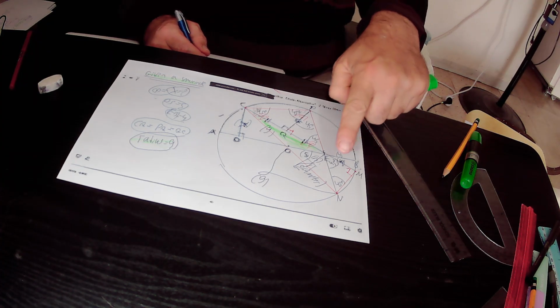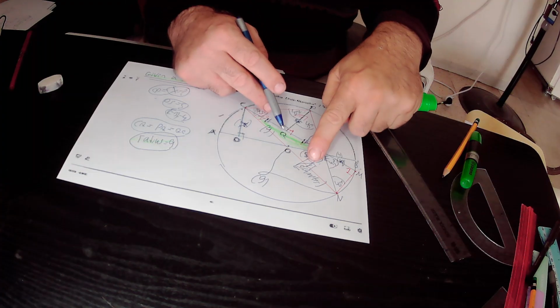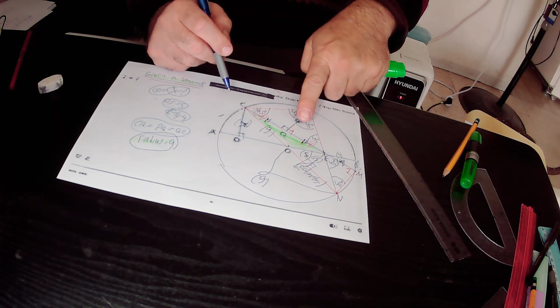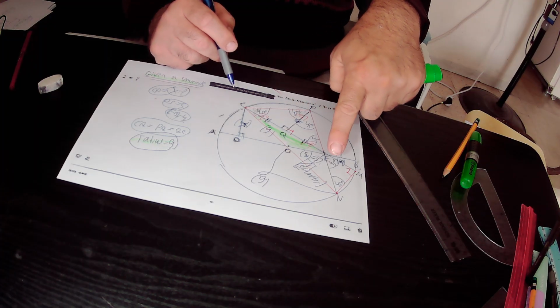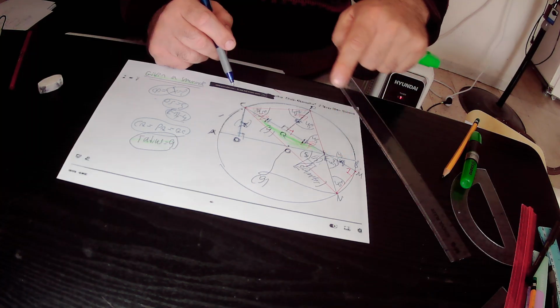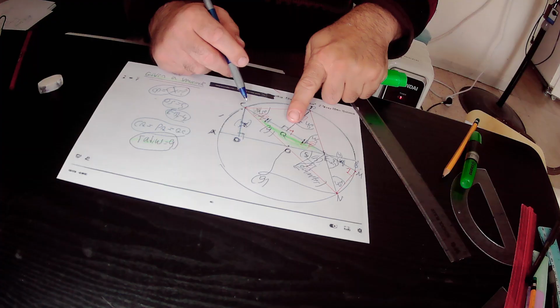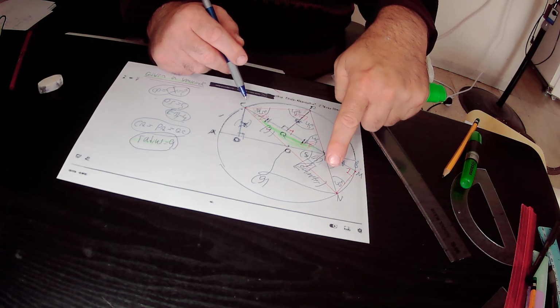The big triangle CEN consists of those two components. The first component is the green triangle COE, and the second component is the lower triangle OEN. So the area of the big triangle CEN must be equal to the area of the green triangle COE plus the area of this lower triangle OEN.